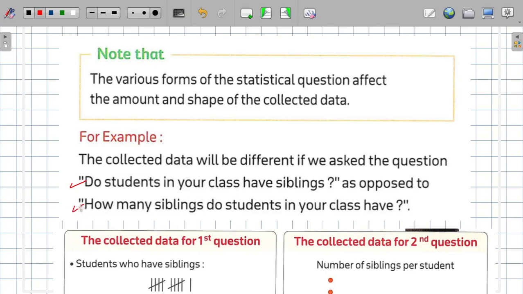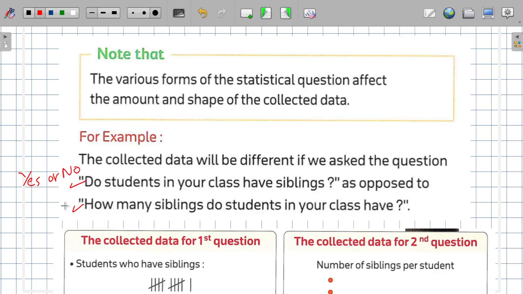The first form was, do students in your class have siblings? And the second form is, how many siblings do students in your class have? For the first question, the answers will be just two answers, yes or no.